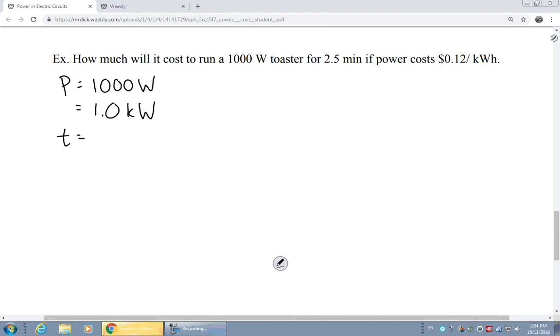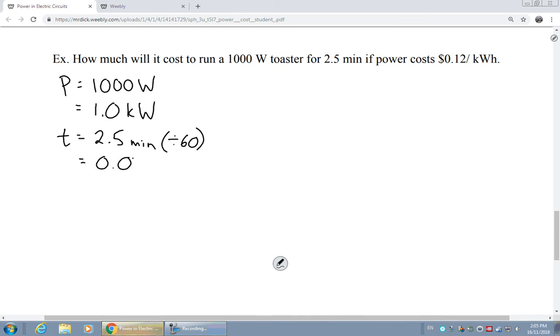Time then, we're given as 2.5 minutes. If we can get that into hours, then we can easily use these to find kilowatt hours. So I'm going to take that 2.5 minutes and realize that if I divide that by 60, or think of it as a fraction out of 60, the decimal answer that I get will represent how many hours we have used.